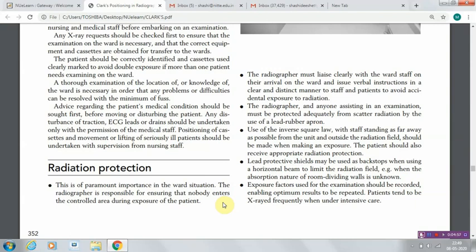That's usually more than 2 meters, which is the standard as per the ALARA law. So you try to keep a maximum distance from the patient's exposure area when giving the exposure. Use a proper lead protective shield if it is necessary.